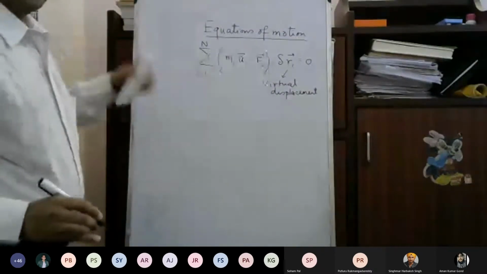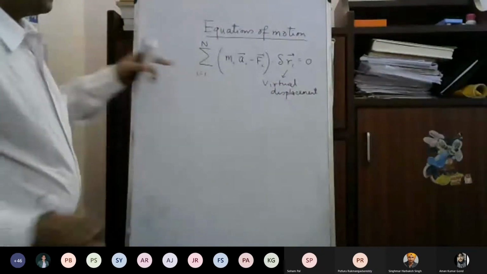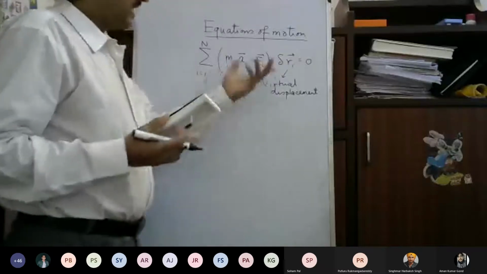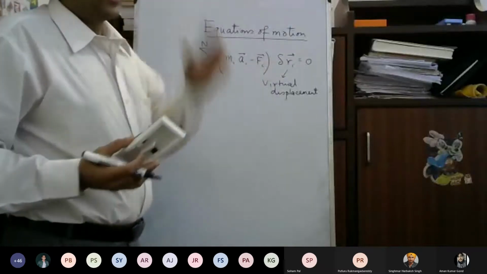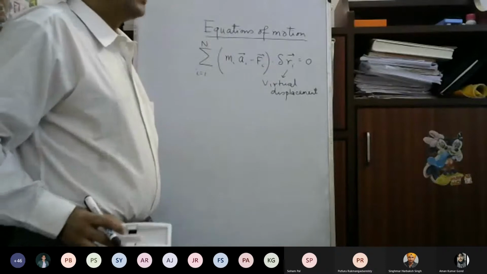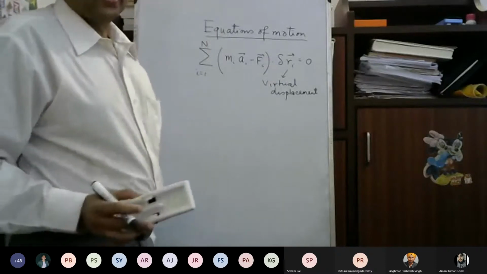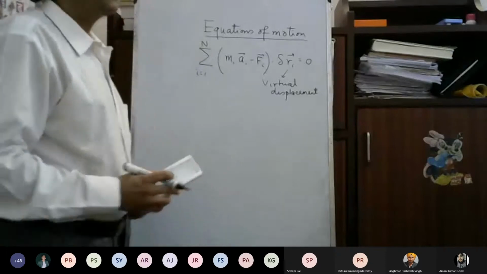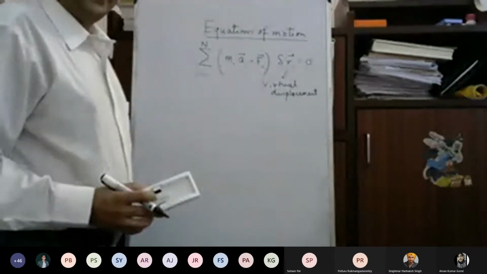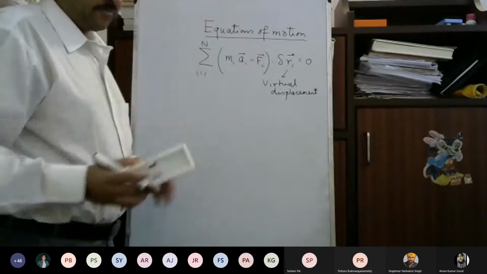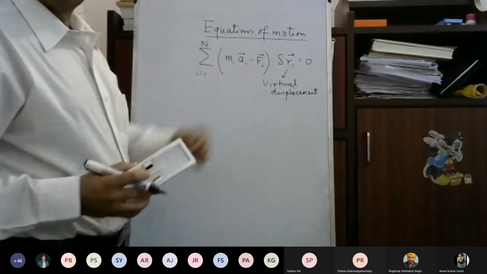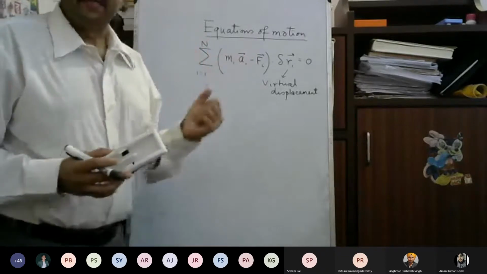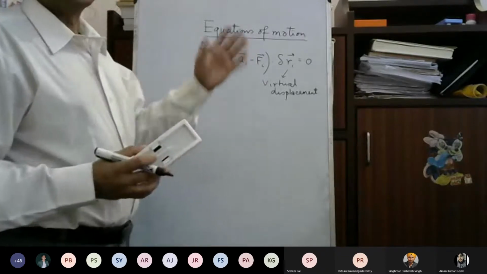And this delta r_i is the virtual displacement of the ith particle, and we know that all the coordinates r_i can be expressed in terms of a lesser number of generalized coordinates. Lesser because there may be many constraints which these particles need to satisfy during motion, and that will reduce the number of independent variables required to describe this motion.